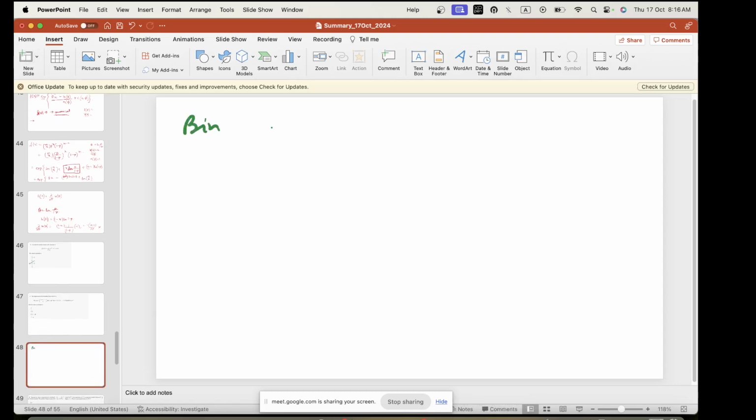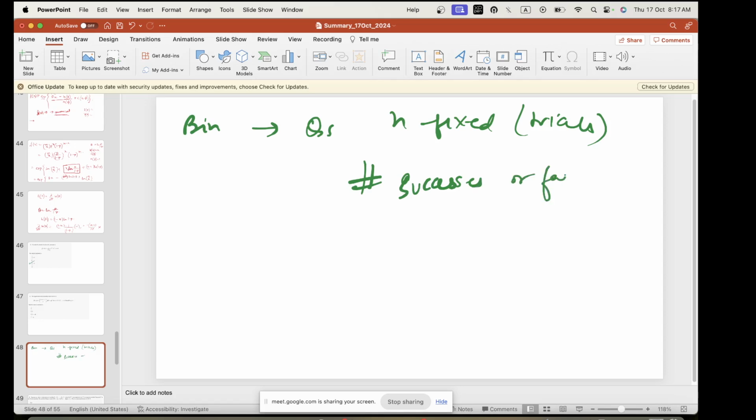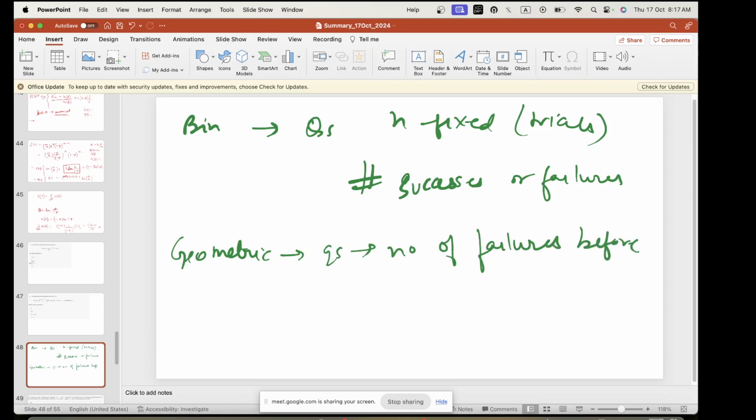In broader context, if we have binomial, n is fixed, that is the number of trials, and we are getting the number of successes or failures. If we have geometric, the question is the number of failures or number of trials before the first success.